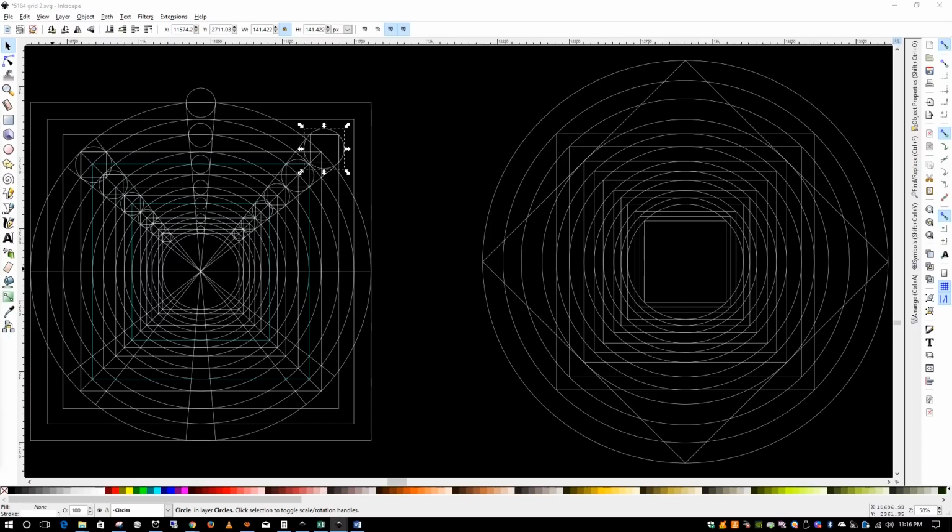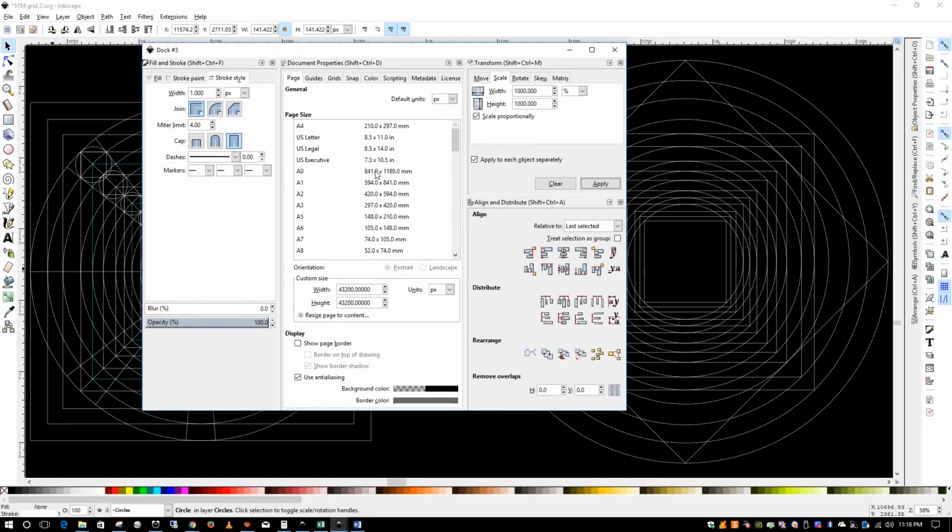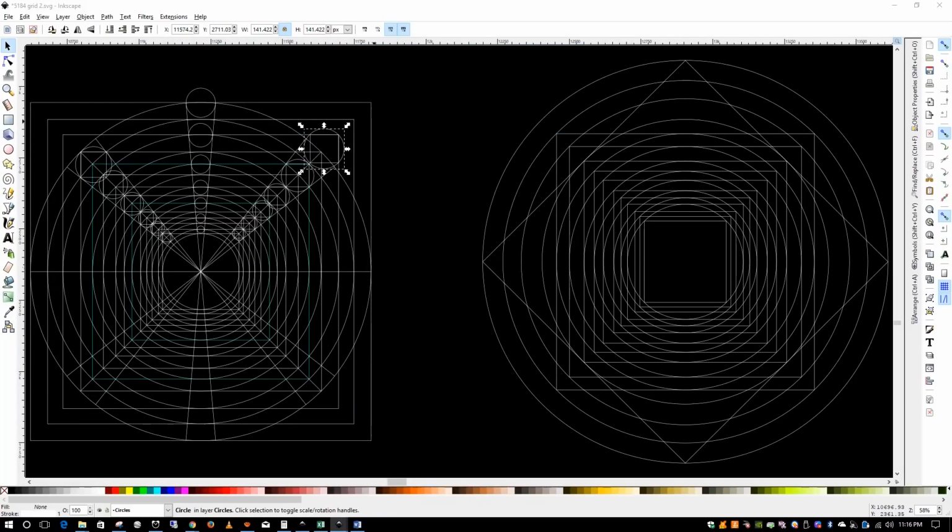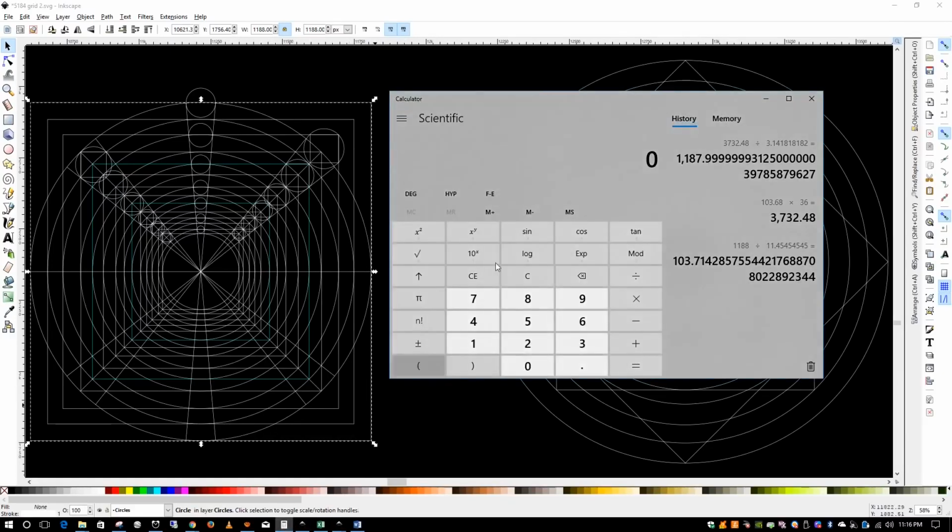You'll also see it here in the papers. Like there's an 841 by 1189. You see that, or the 594 by 841. So if you divide 1188 by 8.4, let's see what happens.